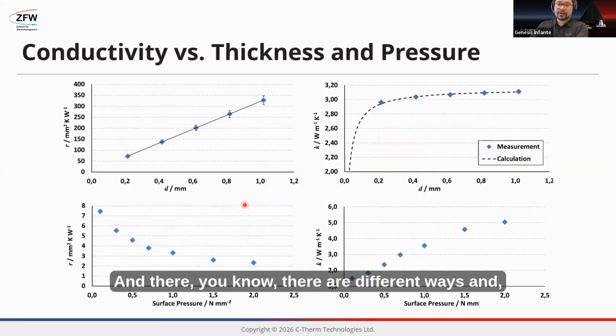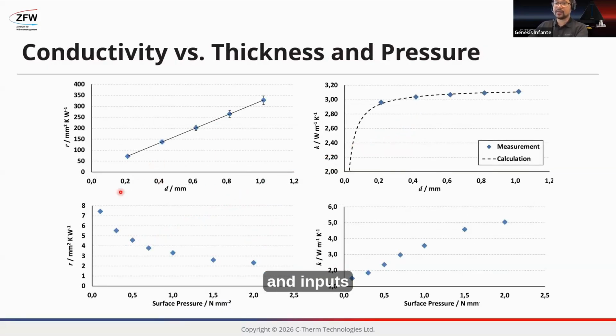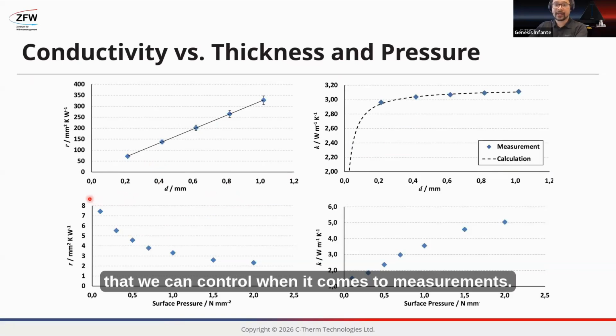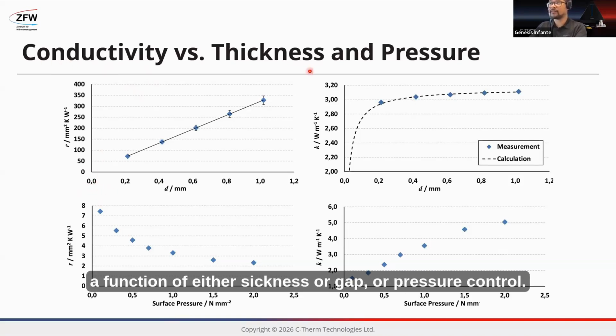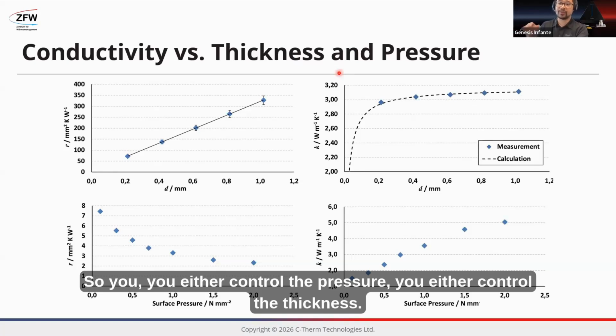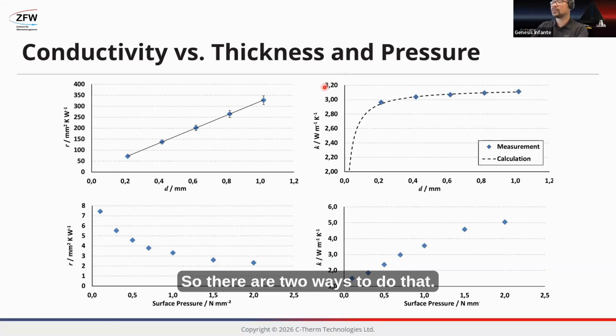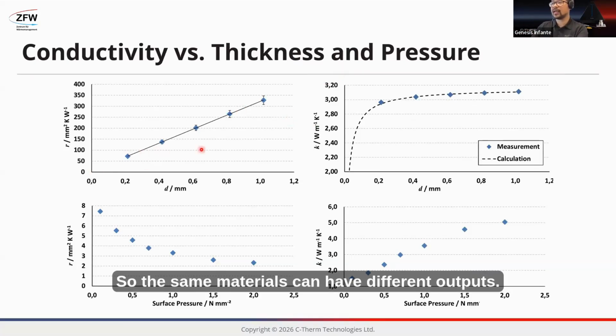And there are different ways and inputs that we can control when it comes to measurements. You're measuring conductivity as a function of either thickness, or gap, or pressure control. So you either control the pressure or you control the thickness. So there are two ways to do that, and the same materials can have different outputs.